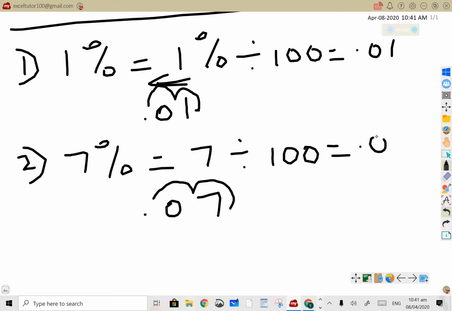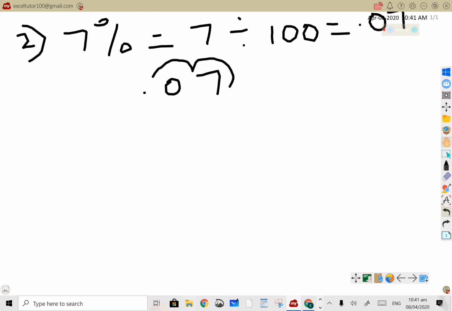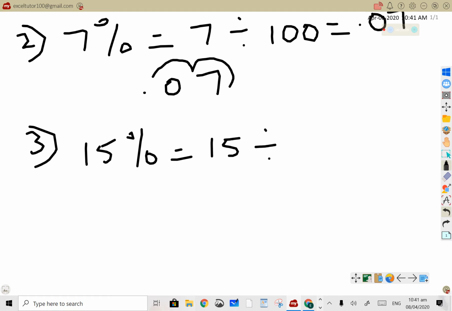So therefore we have 0.07. Number 3, we have 15, a 2-digit number now. 15% will be 15 divided by 100. So we move these 2 spaces, making this 0.15.